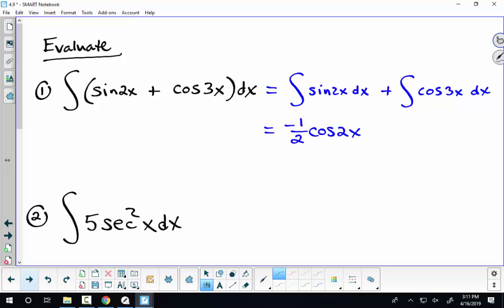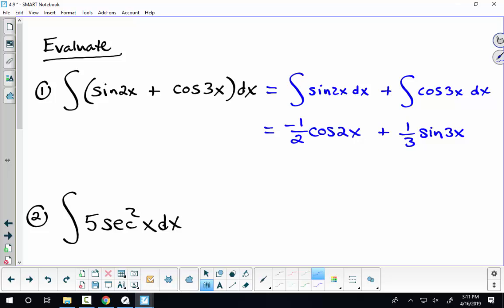Okay. How about the antiderivative for cosine 3x? Sine 3x plus c. 1/3 sine 3x. Yeah, plus c. Whole thing. Do y'all think that's accurate? Does that look right?